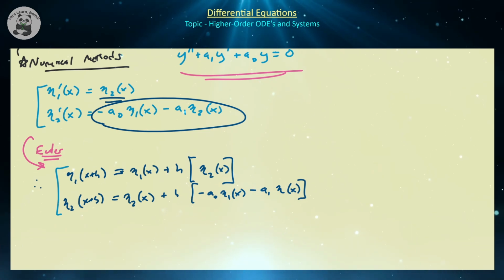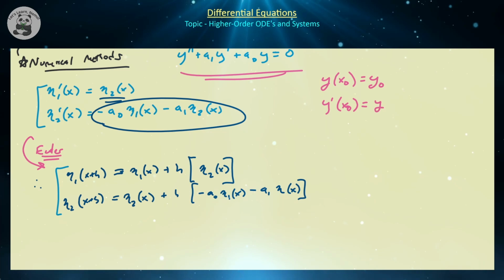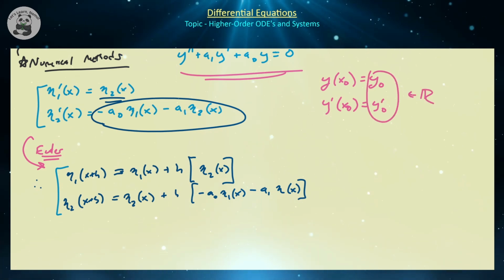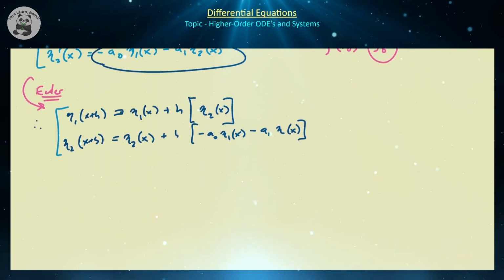So we typically are going to be giving two initial conditions: y of x0 is equal to y0, and y prime of x0 is equal to y1 0, or something along those lines, right? I guess we could call it y prime of 0 just to keep things simple. So those are both numbers. Agreed? So once you have that, then you can ask, okay, how would I use this in a forward difference manner?